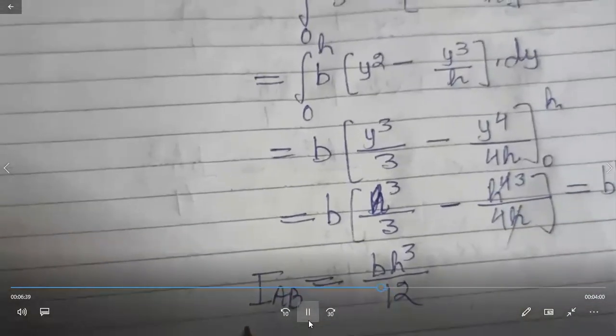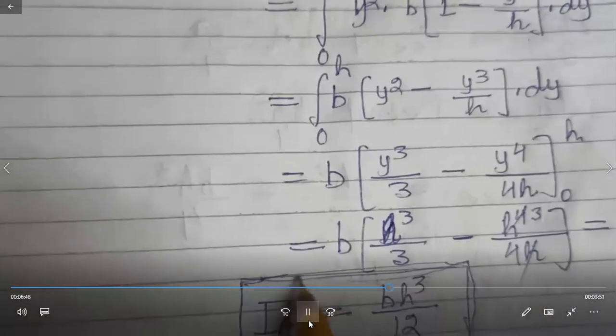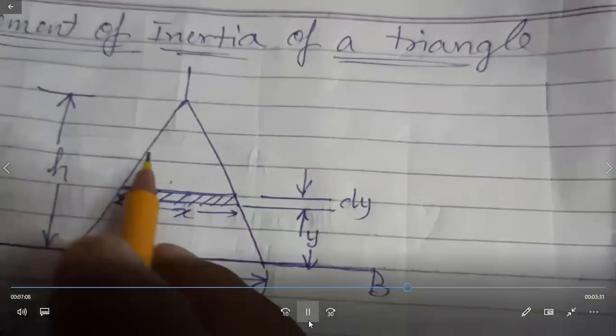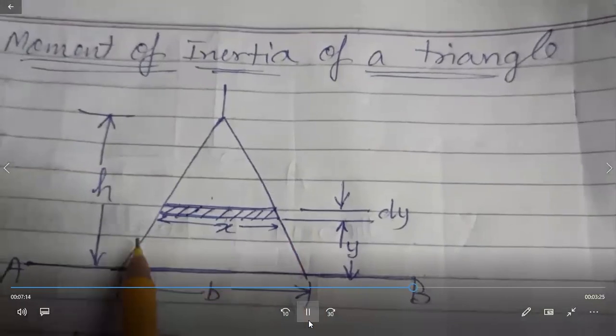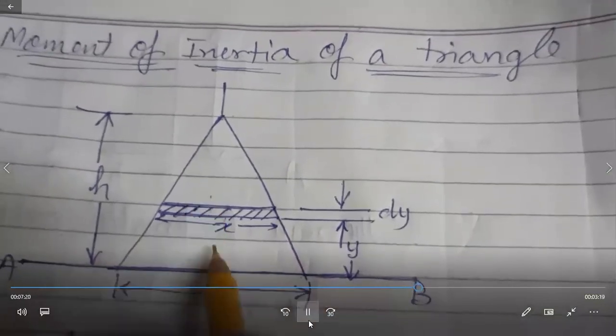Now transfer this IAB about XX, the centroidal axis, by putting this in the parallel axis theorem. So by parallel axis theorem, the centroidal axis of this triangle is at a distance h by 3 from here.